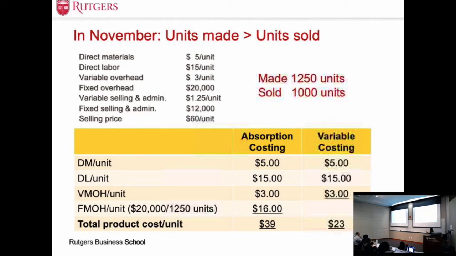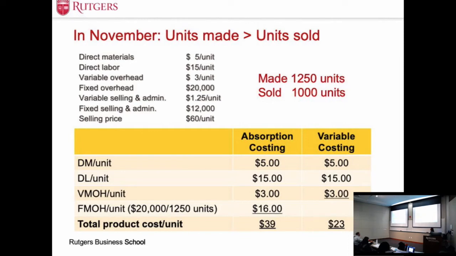So for the absorption costing, right, the difficult part is the unit overhead. But as long as you remember that you need to divide the fixed overhead by the total number of units made, not units sold, then it's easy for you, okay? So now let's do a little comparison, right?